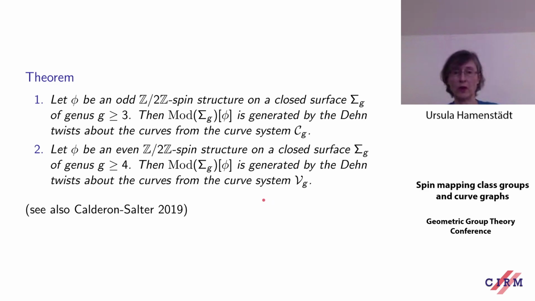You can prove that there is no system of Dehn twists about simple closed curves, nicely arranged in the way we have it arranged on the surface of genus 3, such that the Dehn twists about these curves preserve an even spin structure and generate the spin mapping class group. So in a certain sense, this result is as good as it comes.